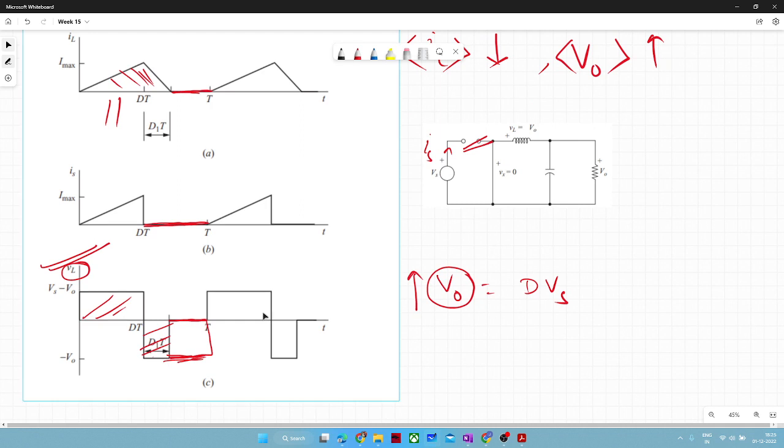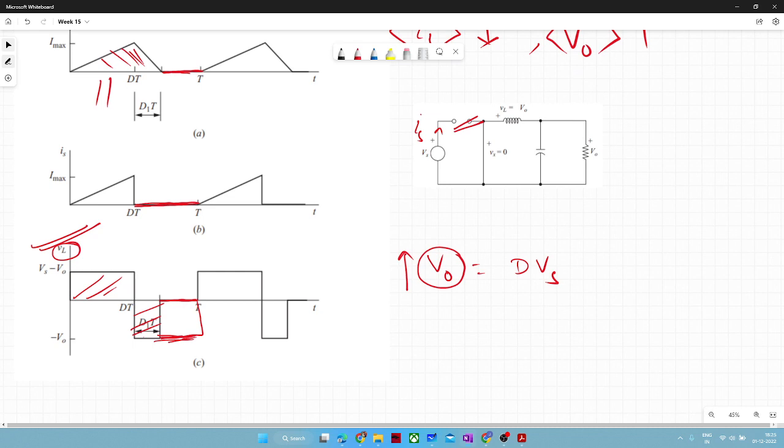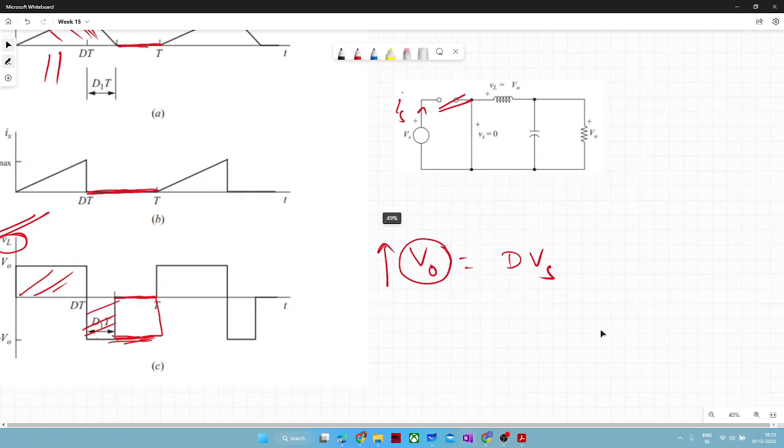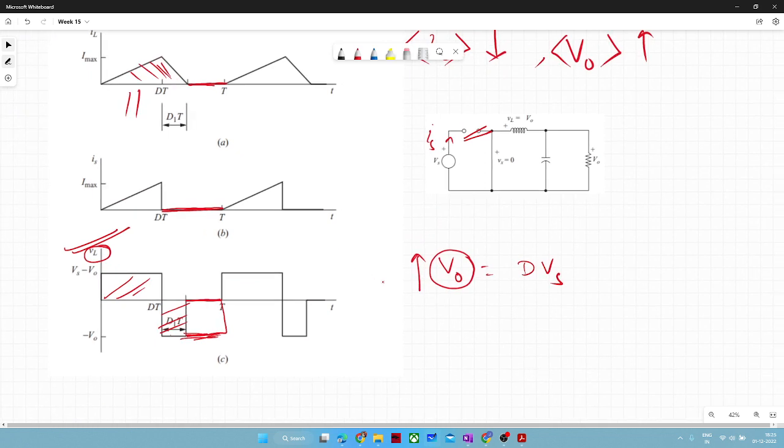Now we will see some expressions just to get more familiar with this kind of circuits. Now at this point, if we apply the volt second balance, 0 to T, 1 by T, VL dt is equal to 0.